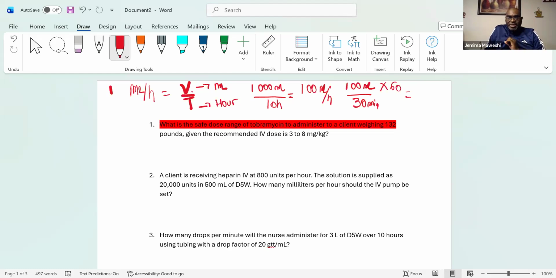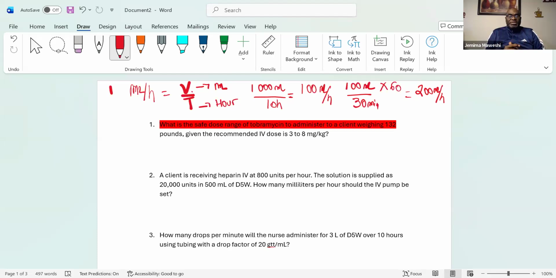In this case, it's going to be 200 milliliter per hour.